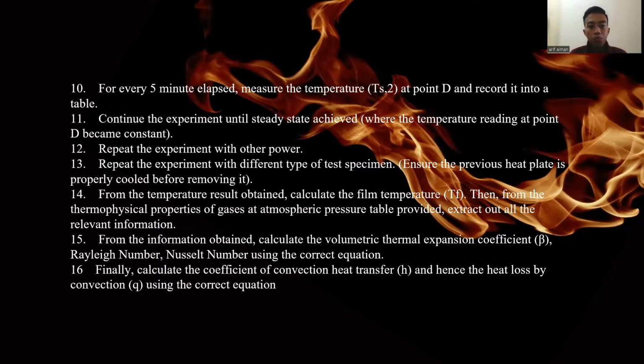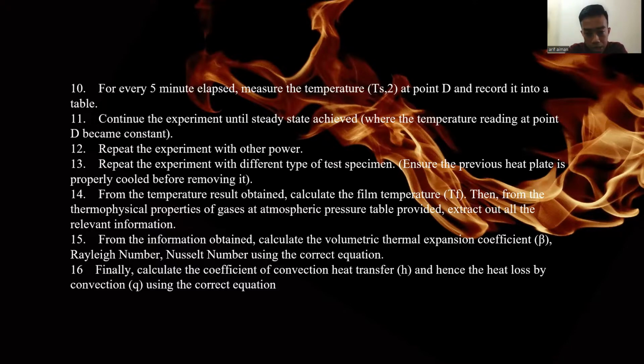Repeat the experiment with a different power and repeat the experiment with different types of specimen. Ensure the previous heat plate is properly cooled before removing it. Next, from the temperature results obtained, calculate the film temperature. Then from the thermophysical properties of gases at atmospheric pressure table provided, extract all the relevant information.